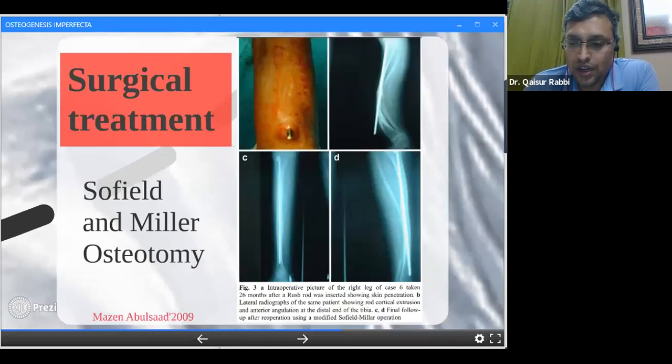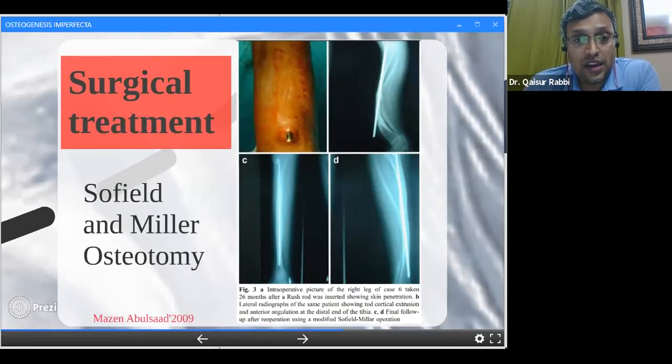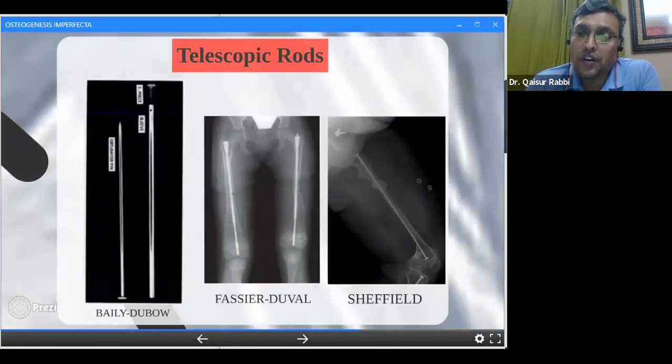To put an intramedullary nail or pin, there are some telescopic rods that increase in length as the child grows. These are the three vastly used telescopic rods that we use. In Bangladesh, we actually use the Fassier-Duval rod.